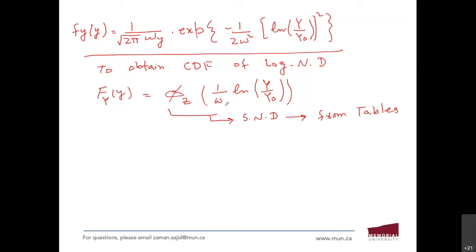What does it mean basically? In the log normal distribution, this is the term that you need to calculate, and then we find out our phi value from the tables. Now because x is equal to natural log of y, our f in terms of x will be equal to f of y.